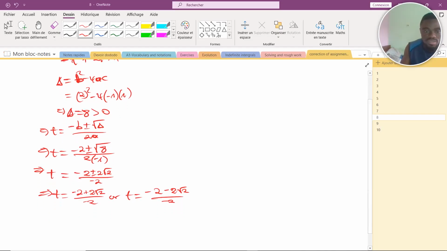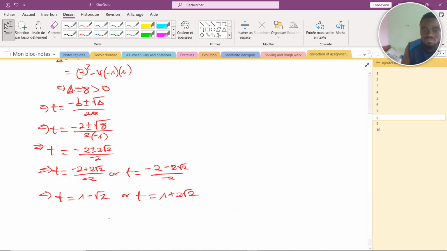Is that okay? This implies then that t will be equal to minus 2 divided by minus 2, this will give 1, and this will give minus root 2, or t will be equal to 1 plus root 2.